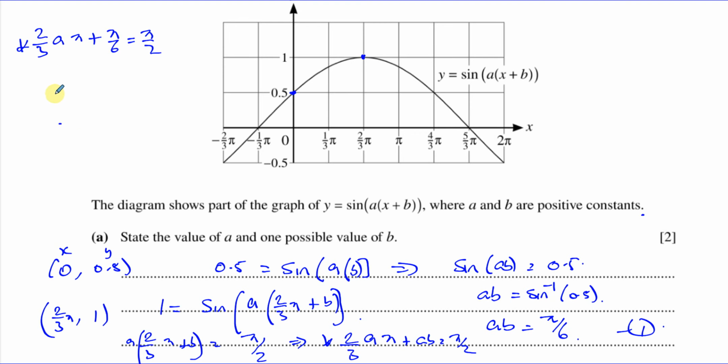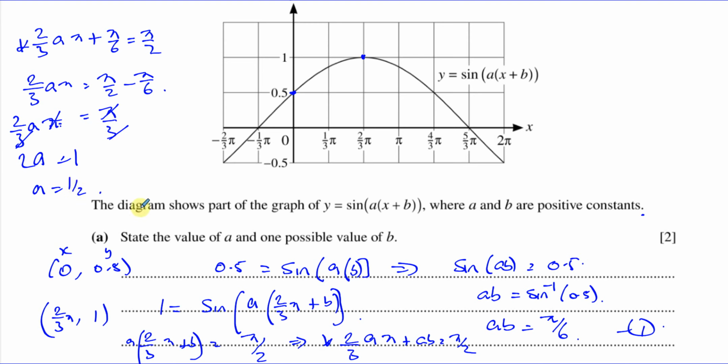So if I rearrange this, I have 2/3 a pi equals pi over 2 minus pi over 6, which is 3 pi over 6 minus pi over 6, which is 2 pi over 6, which is pi over 3. So I have 2/3 a times pi equals pi over 3. Well, the pi's will cancel out, the 3's will cancel out. I'll be left with 2a equals 1. So a equals a half, which is exactly what we found.